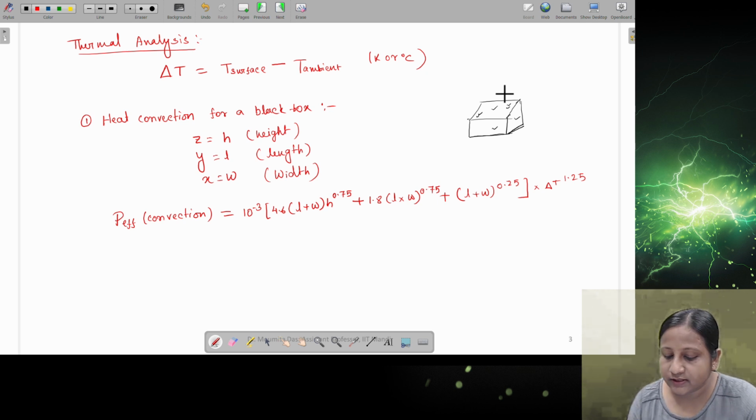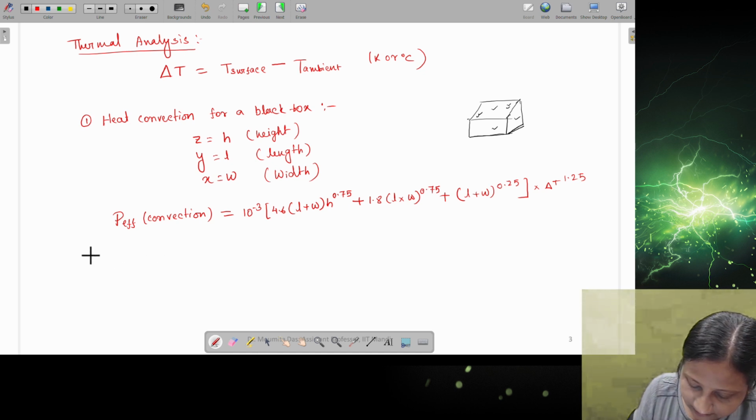So this effective power loss in convection, basically heat generation, can be calculated using this formula. Whatever height, length and width the system has, based on that the effective power in the convection can be calculated.